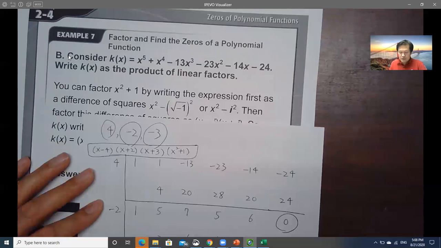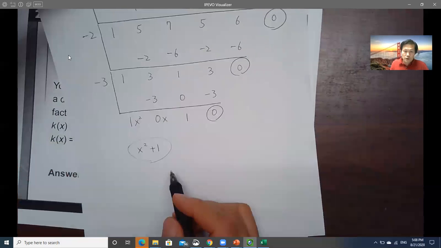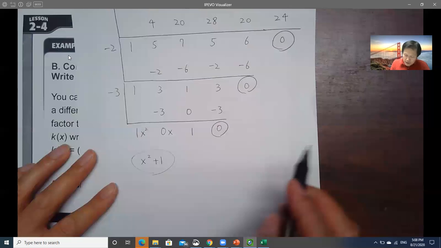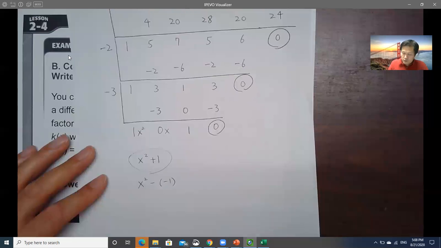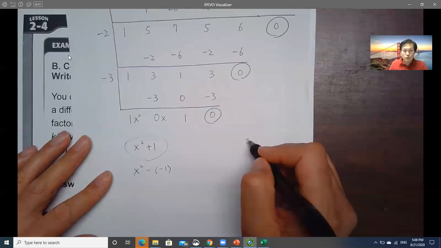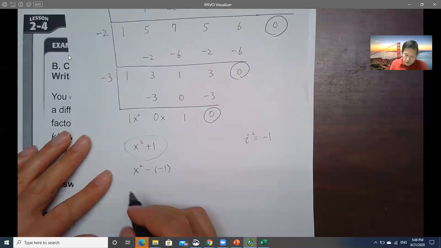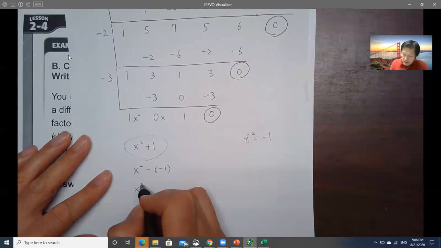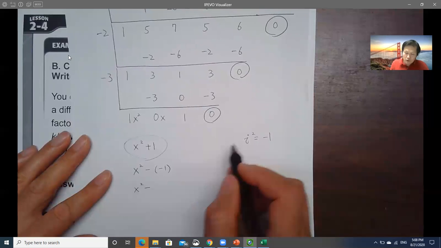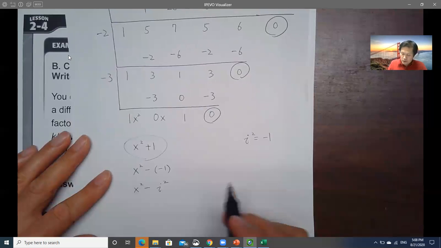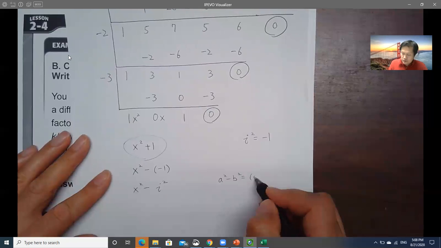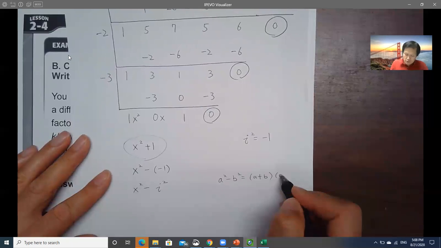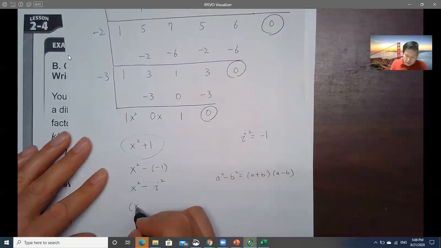You can look at x squared plus 1 as x squared minus -1, and you remember i squared equals -1. So you can interpret it as x squared minus i squared. Then you can apply the a squared minus b squared form, which equals a plus b times a minus b. So you can interpret it as x plus i, x minus i.